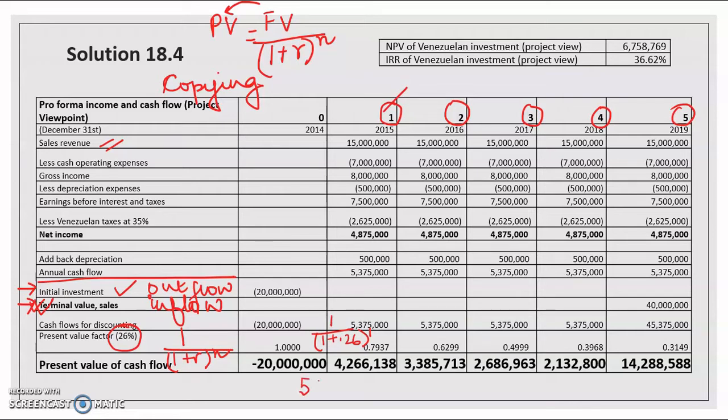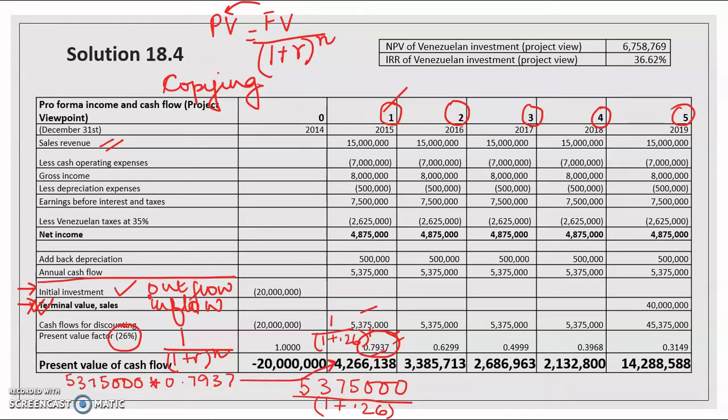Either you could take the future cash flow divided by 1 plus 0.26, or if you've already calculated the discount factor, which I recommend you do because sometimes doing the two steps together might give you an incorrect value, you will get 5375000 times the first discount factor 0.7937 equal to this value.